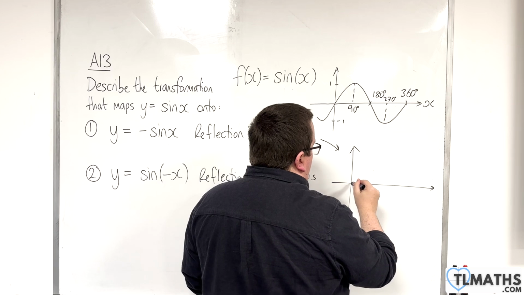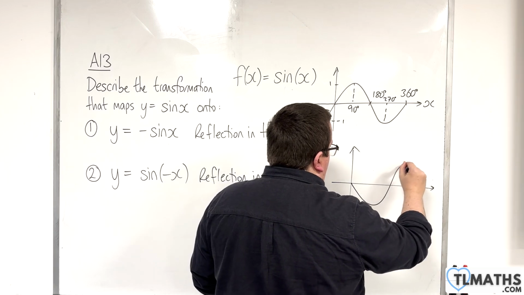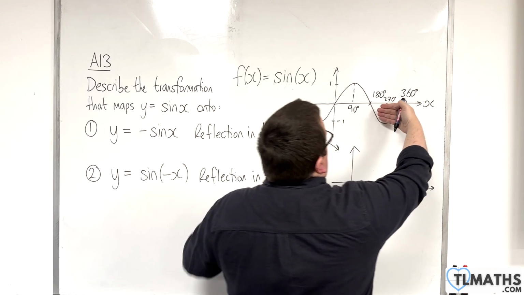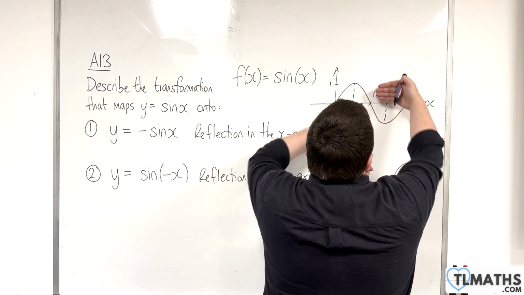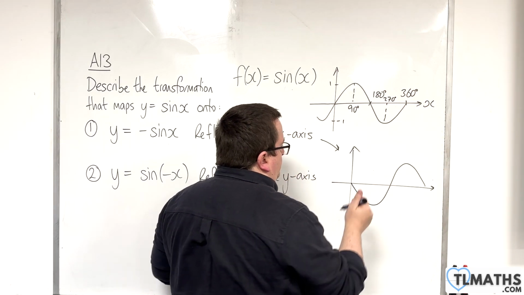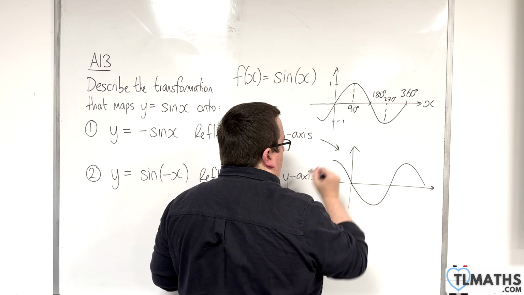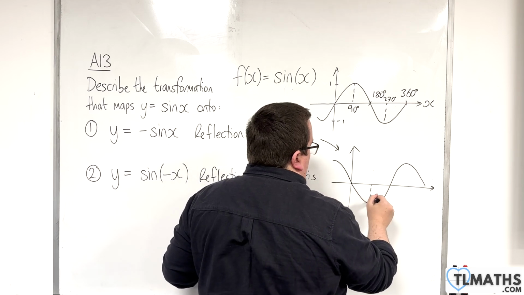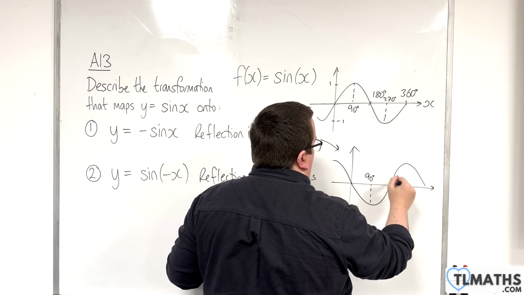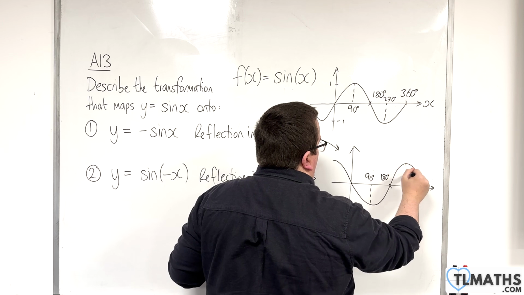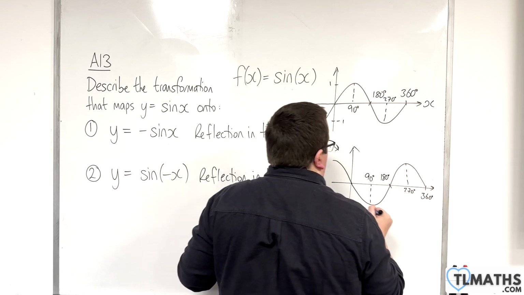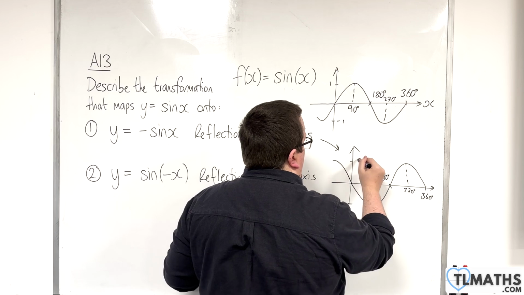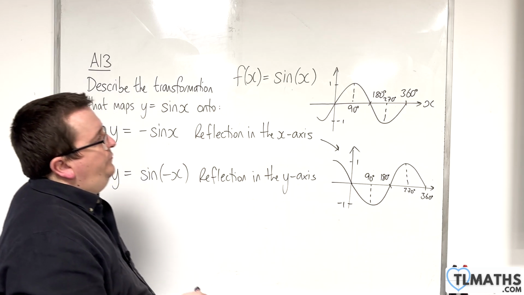So the shape of the curve should now look like something like this. So that bit gets reflected upwards, and that bit gets reflected downwards. And so the remainder of the graph looks something like this. So this is 90, there's 180, 270, 360, minus 1, and 1. Okay?